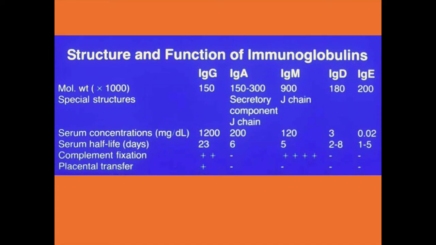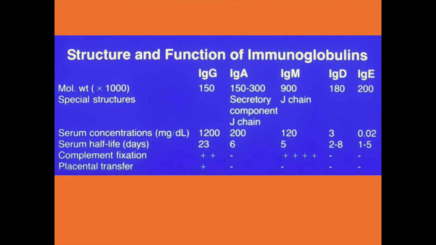Here's a little chart that gives us some good information in terms of size. So you've got IgG, IgA, IgM, IgD, IgE, molecular weight. You can see by far the IgM is the biggest by a long margin. Most of them are pretty much in the same range. The serum concentration you can see for IgG is 1,200 milligrams per deciliter.